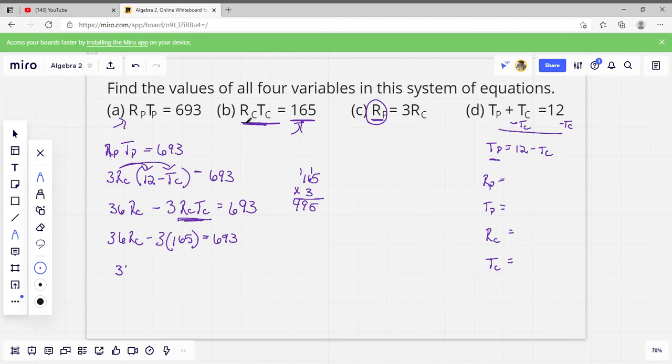So 36RC minus 495 equals 693. Okay, so now I'm going to do plus 495.